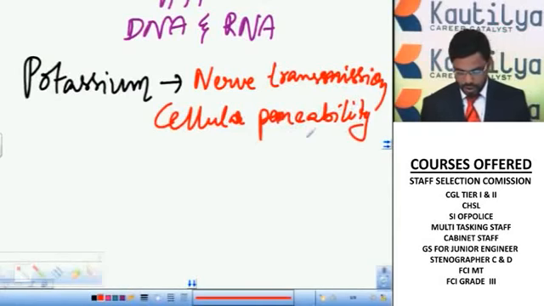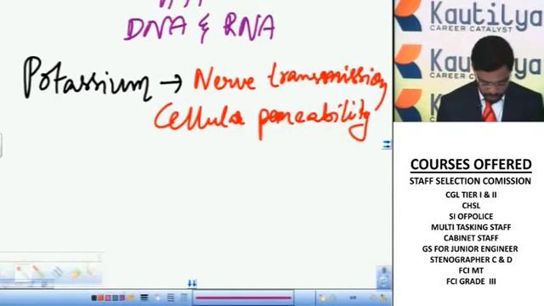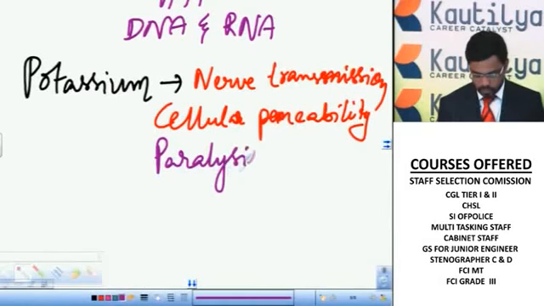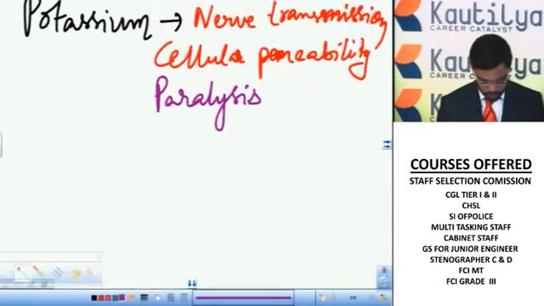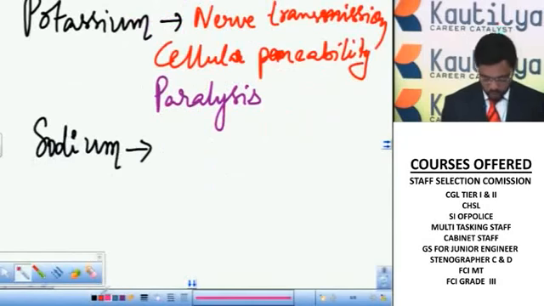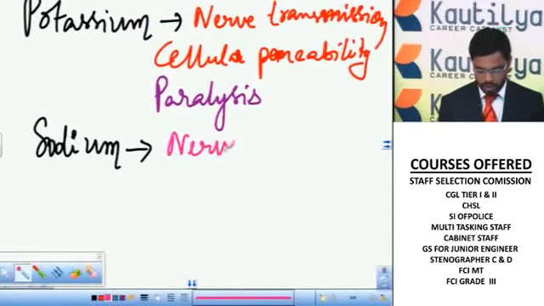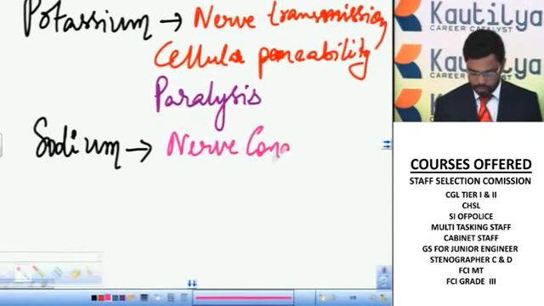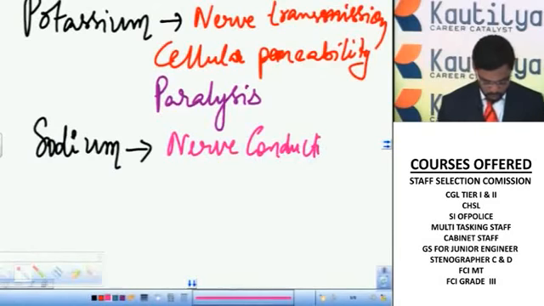The deficiency of potassium leads to paralysis. Next, sodium. The sodium is also useful for nerve transmission or nerve conduction. It is also essential for muscle contraction.